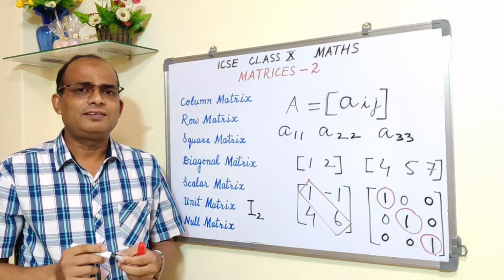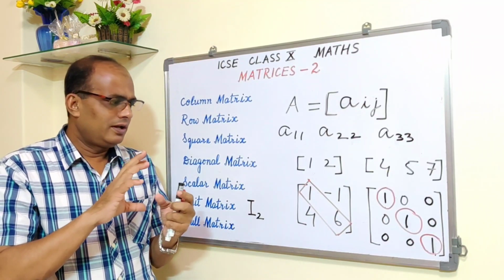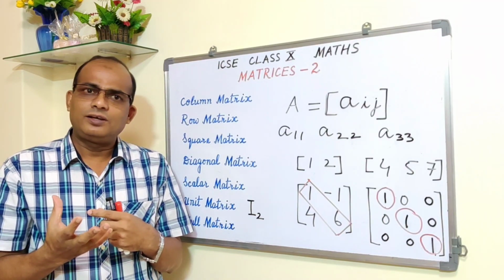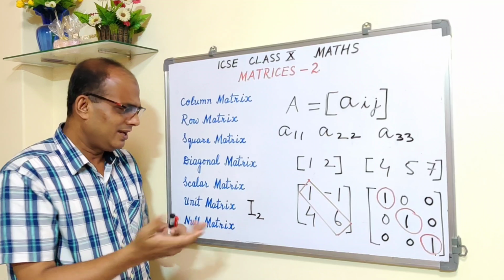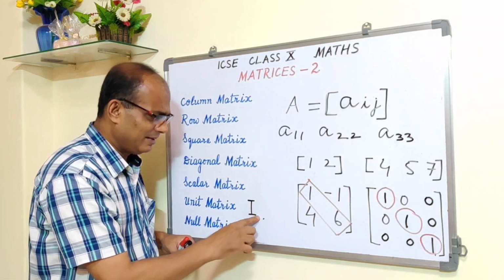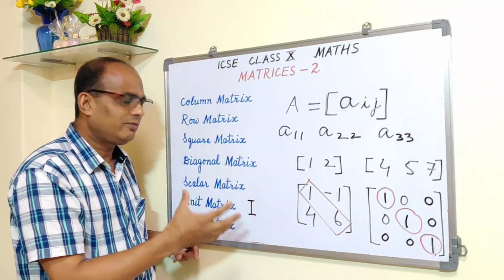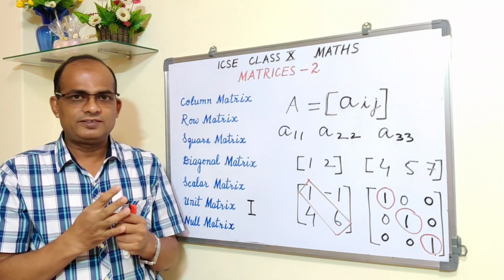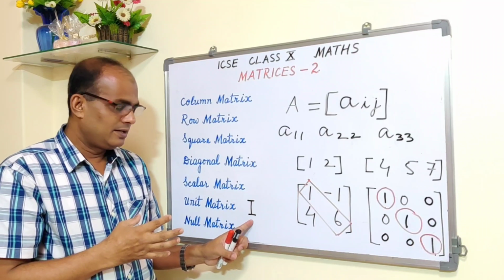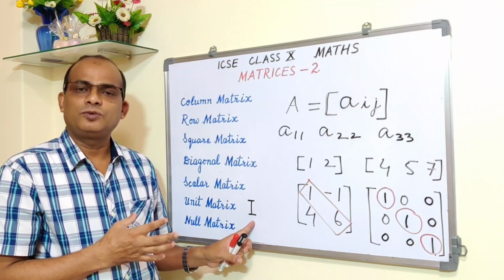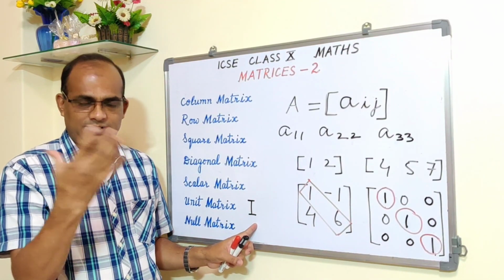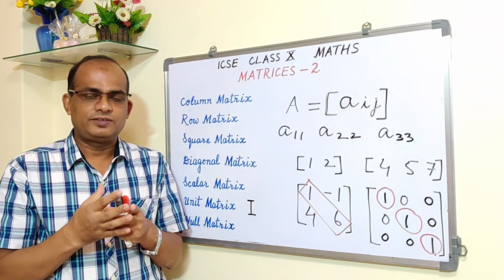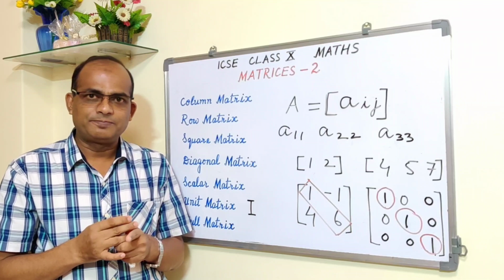In some cases, depending on the context in which you are writing I, you need not even write this. If all the matrices are, suppose, 2 by 2 matrices, and you are adding one identity matrix, it is bound to be a 2 by 2 matrix, because I'll tell you in my next video about the addition of 2 matrices when their orders are the same.